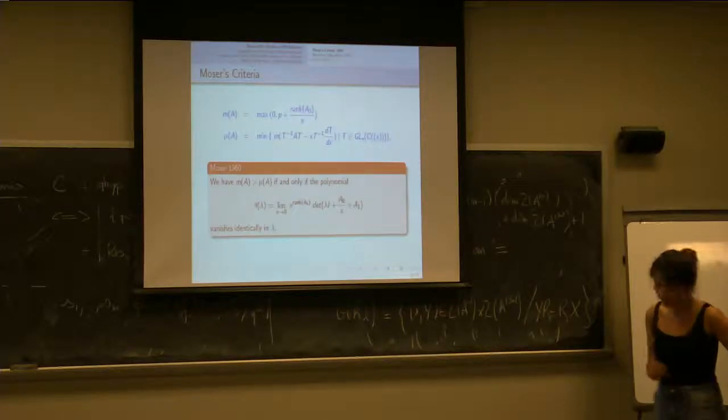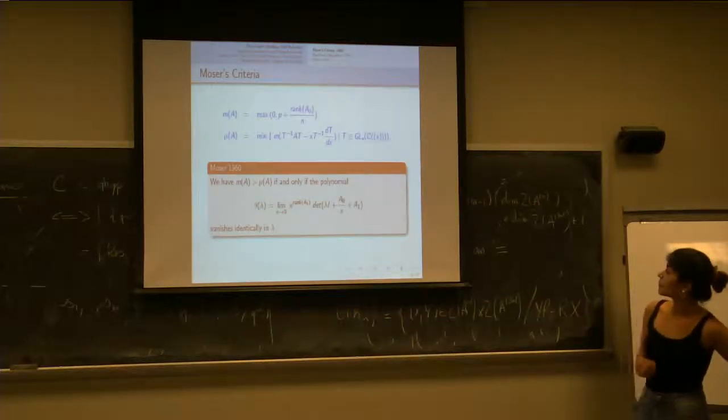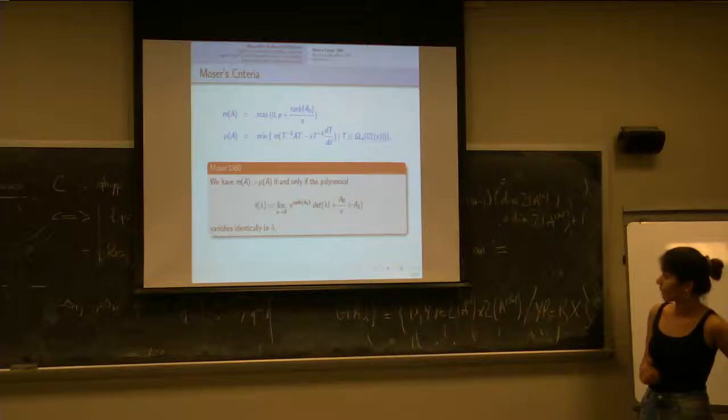And he gave this criterion: m(A) is greater than mu(A) if and only if this polynomial theta vanishes identically in lambda. As you can see, this polynomial depends only on A0 and A1. So we can know from the outset whether we can still reduce the rank of the leading matrix A0 or the Poincaré rank.